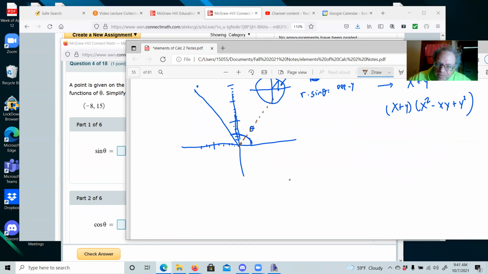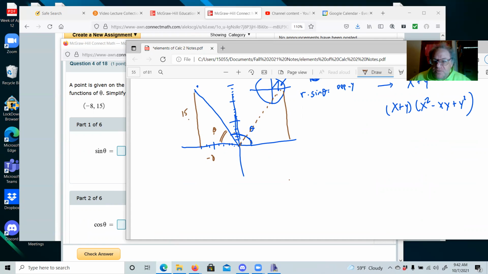That's this angle right here. That is the reference angle, this guy. That's why the reference angle and this angle give us the same trigonometric functions, because it's the same triangle, it's just flipped. So we know this is going to be 8, and this y value here is going to be 15.